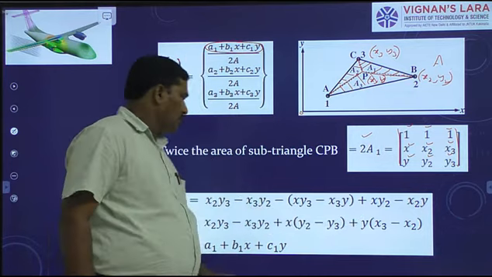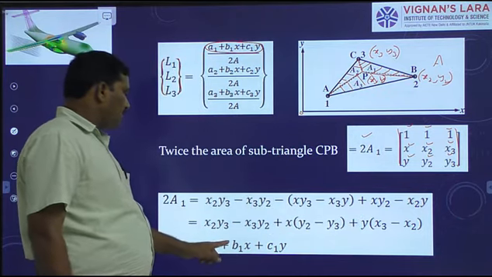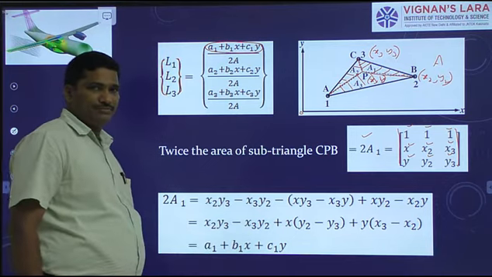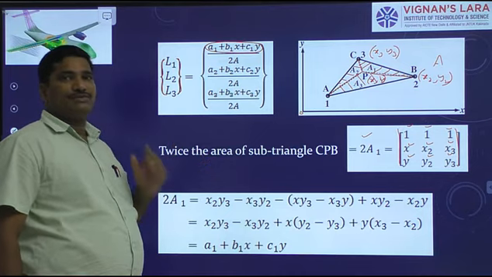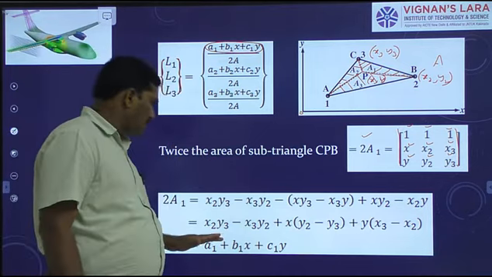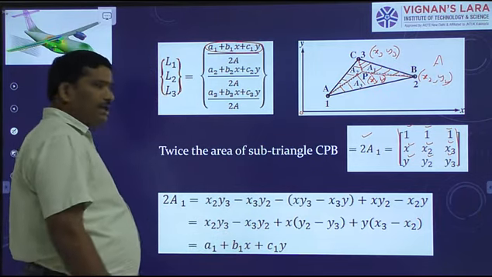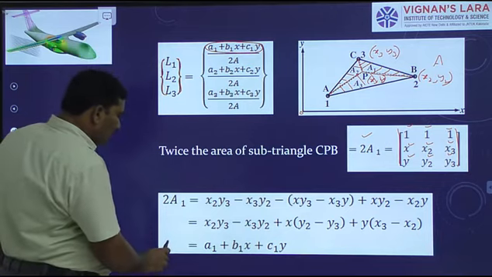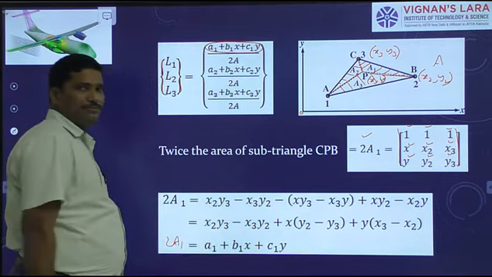When you simplify, you get A1 plus B1x plus C1y. We have assumed what A1, B1 and C1 are, so this expression can be represented like this. Hence, 2A1 equals A1 plus B1x plus C1y.